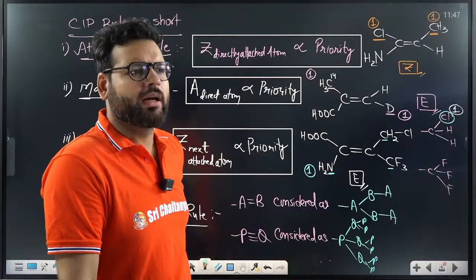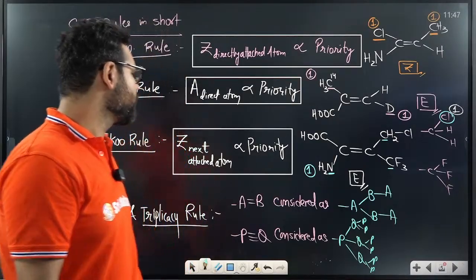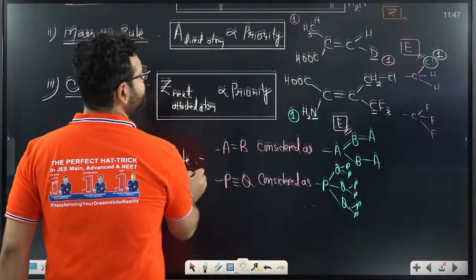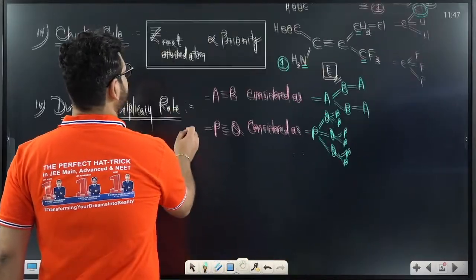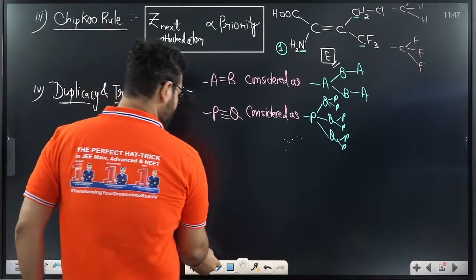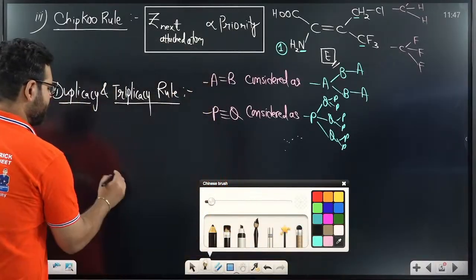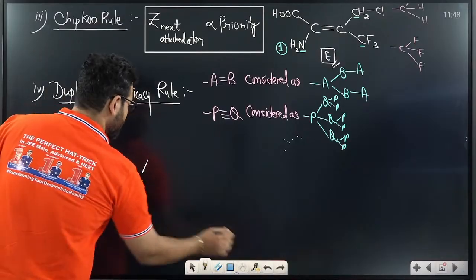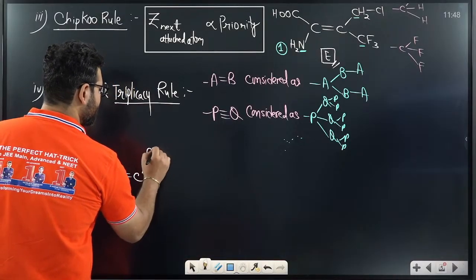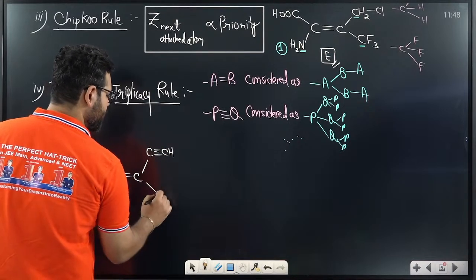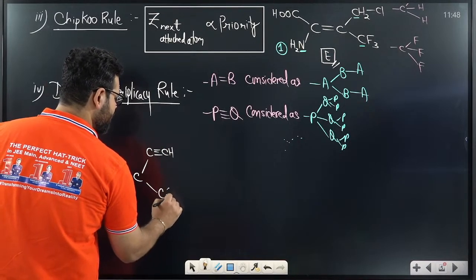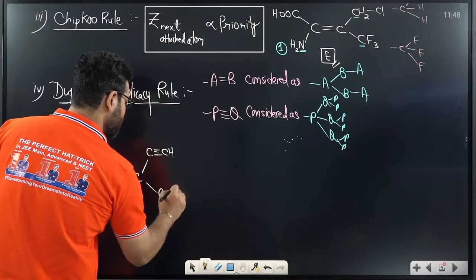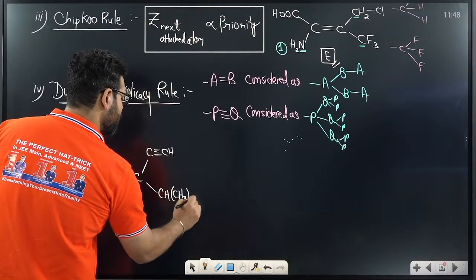You want to see one example? Let us see. All of you see here. One example of duplicacy-triplicacy. See here, everybody. C double bond C. Here I have C triple bond CH. Here I have CH3 whole twice.